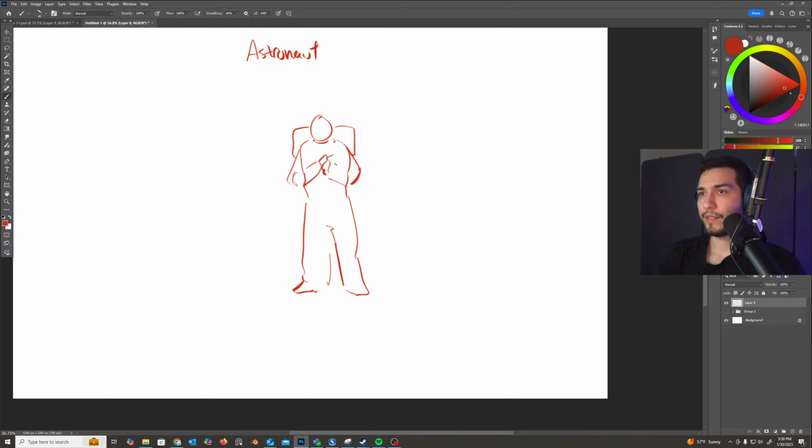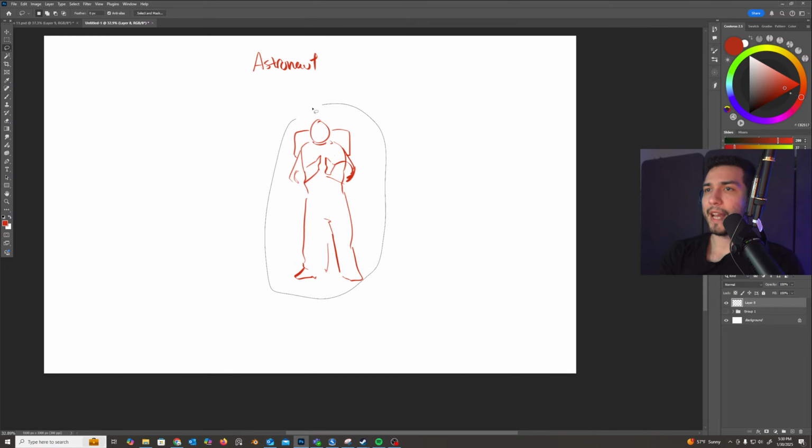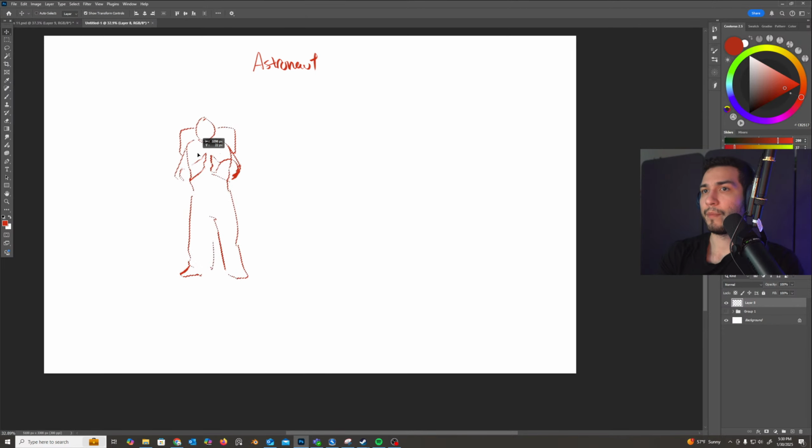Now this particular astronaut doesn't have much of an intent behind his pose, right? But we could always add a prop or an object to him.